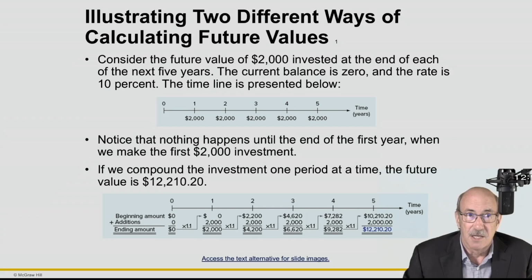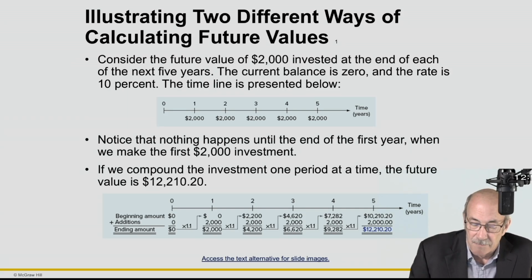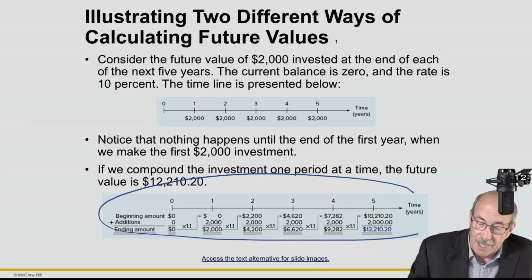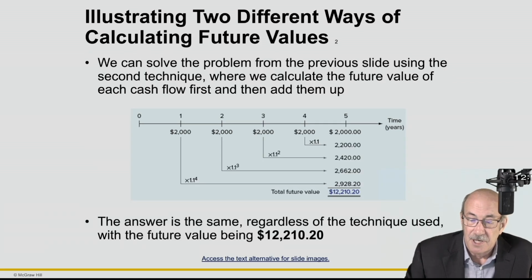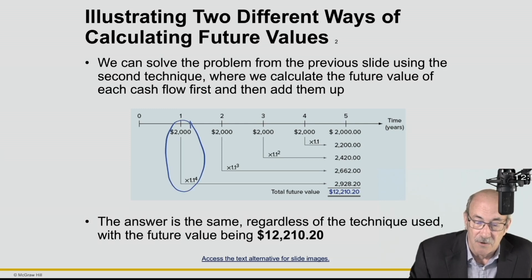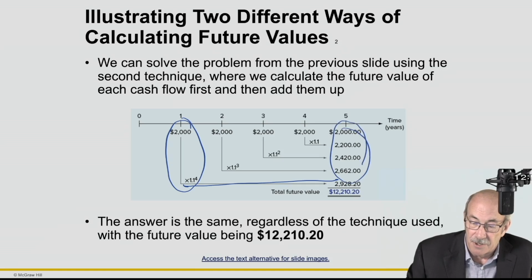You can take each cash flow and throughout the time, or you can take period by period and account for all of the cash flows. This one is that latter method, period by period, accounting for all of the cash flows. And then here's an example of taking each cash flow and looking at it over the entire span of time.